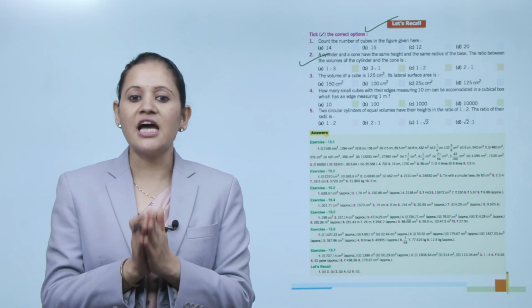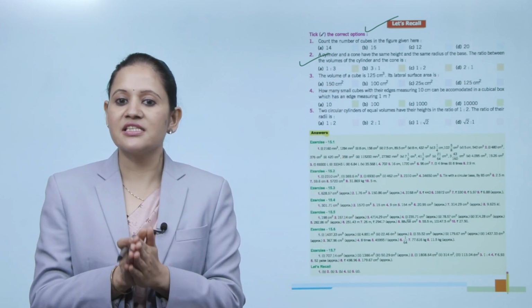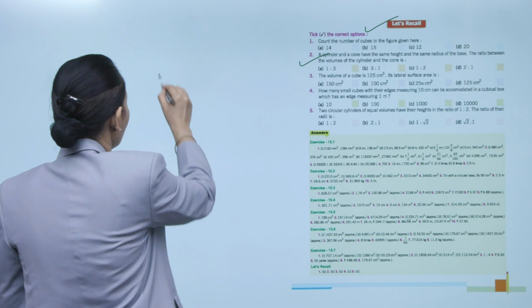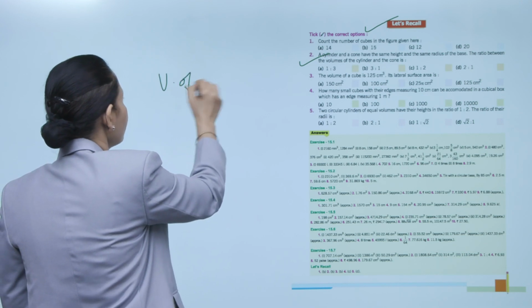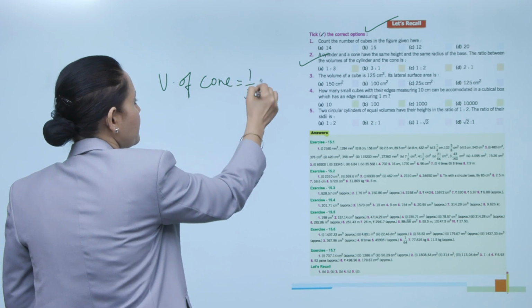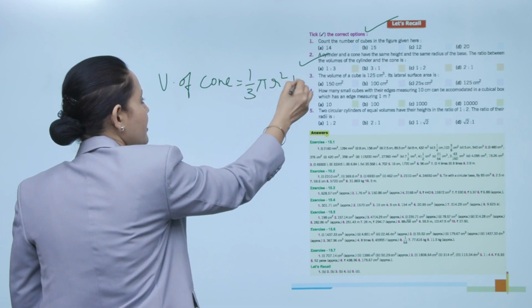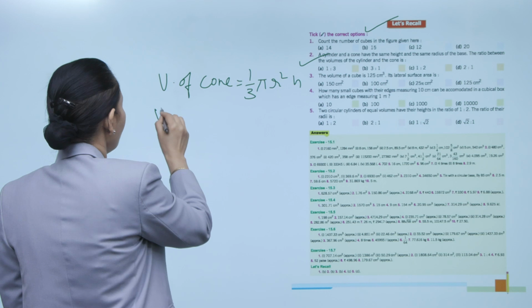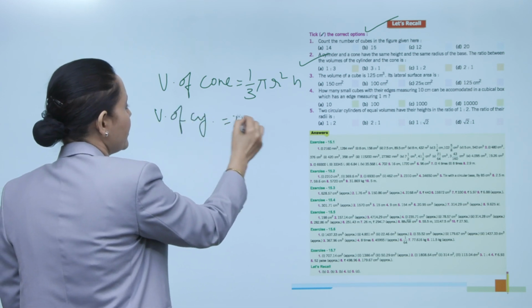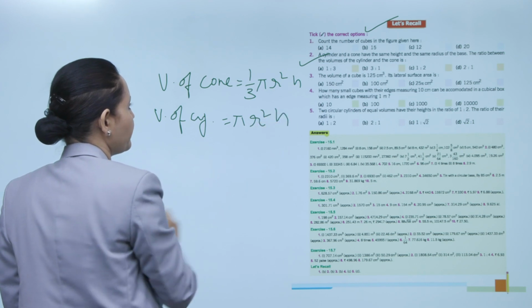A cylinder and a cone have the same height and the same radius of the base. What is the ratio between the volume of the cylinder and the cone? Volume of the cone is 1/3 pi r square h, and volume of the cylinder equals pi r square h.